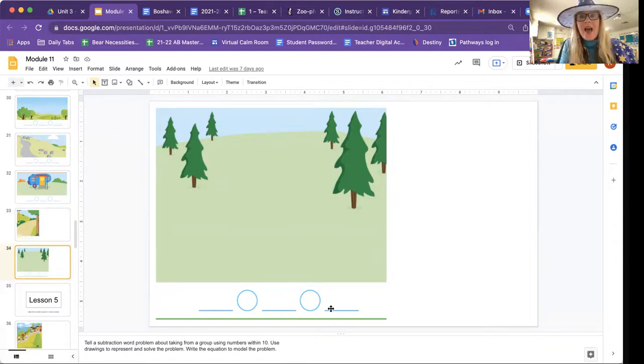So if I had 5 donuts and I ate 2 of them, I would have a picture of 5 donuts and 2 of them would be crossed off, right? And then I would have 3 left. And then my equation has to model that. So come up with a story, draw pictures to represent it, write the equation, and then tell your homeschool teacher the story and make sure all 3 of those things match up.